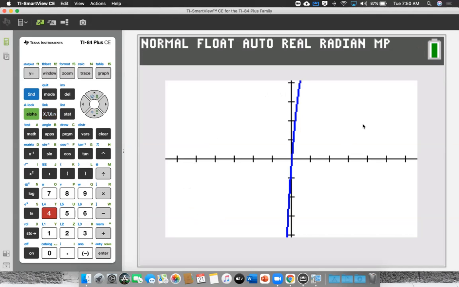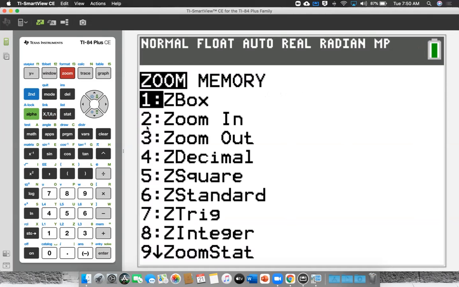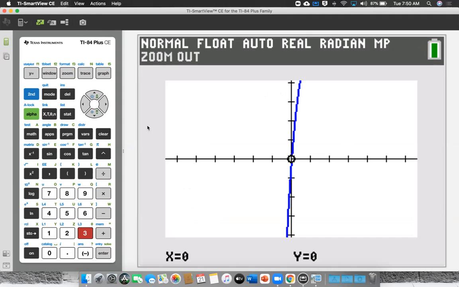If you want to zoom out, like this picture, it's going up and then it's going to come back down. You can zoom out using zoom and then number 3. Then it'll ask where you want to zoom out from. Do you want to zoom out from here, or move over and zoom out from over here? Then you just hit enter.